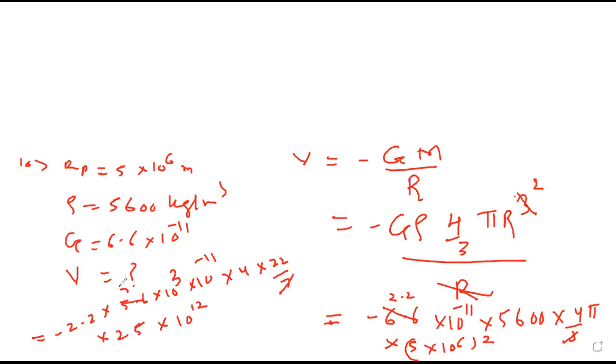7 into 0.8. 22 into 22 is 484, after one digit decimal.